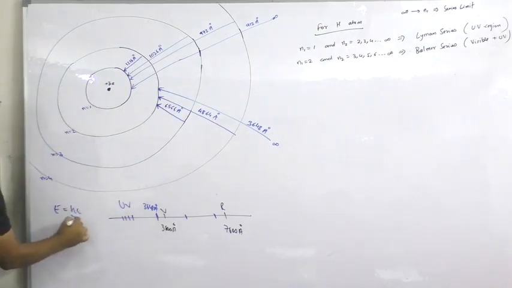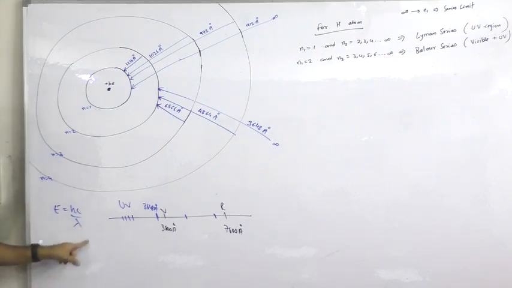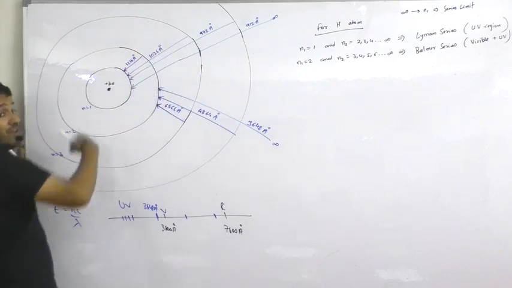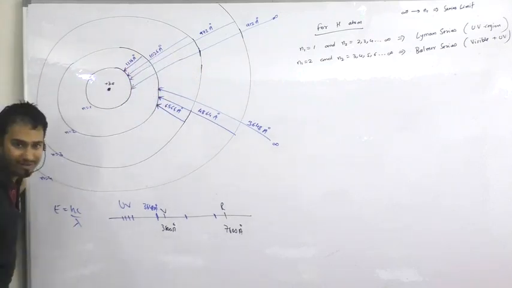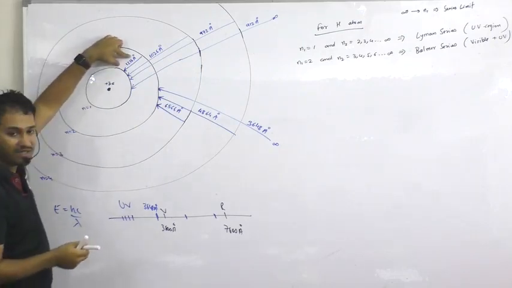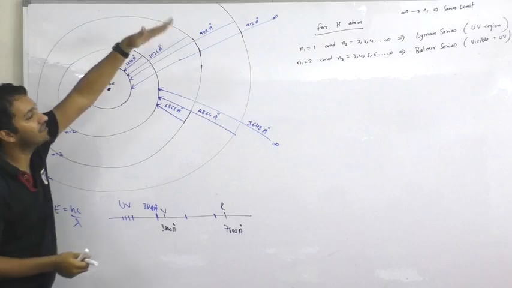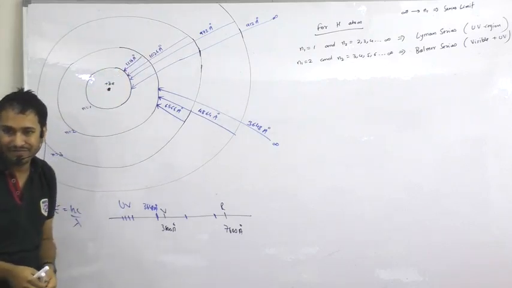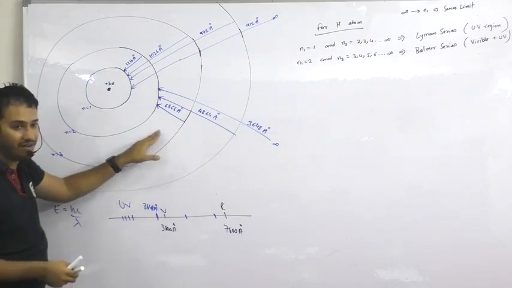Energy of a photon is hc by lambda. The more the energy of that photon, the smaller its wavelength will be. Right? So the larger the energy difference, the smaller will be the wavelength of the photon emitted. Yes or no? Right? That is why the first jump is 1216. And then as the energy difference keeps increasing, the wavelength of the photon emitted keeps decreasing. Yes or no? Right? Same thing over here.